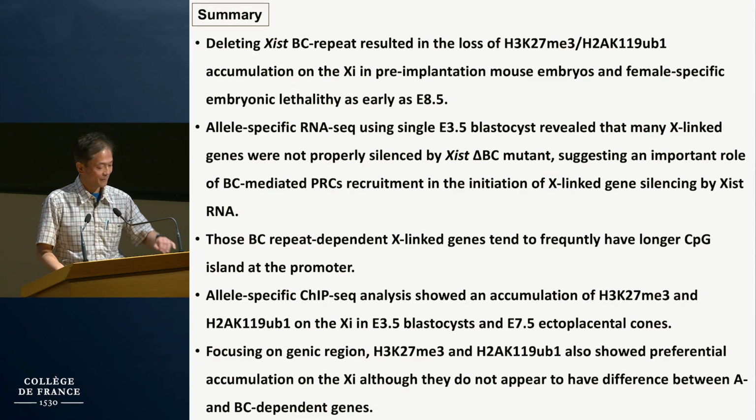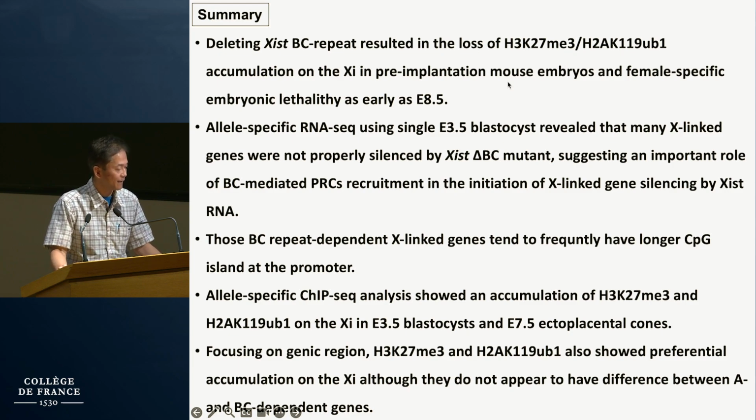So there's no timer here, so I don't know what time I have now. But let me summarize the results. Deleting Xist BC repeats resulted in almost complete loss of K27 trimethylation and uH2A on the inactive X chromosome in these embryos. And the BC repeat mutant resulted in female-specific lethality as early as E8.5, slightly later than the Xist mutant.